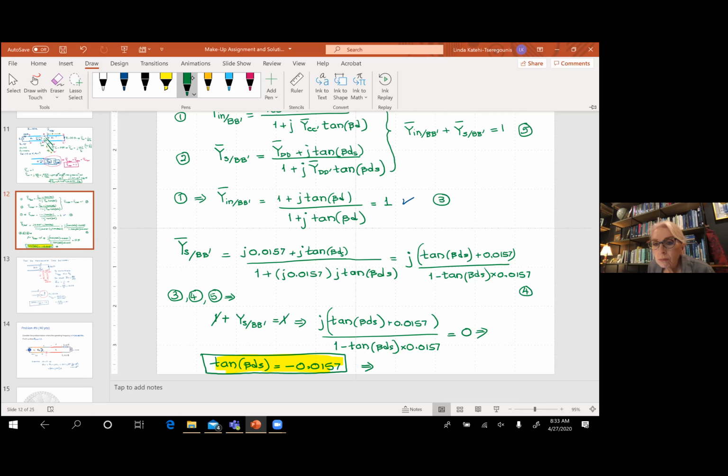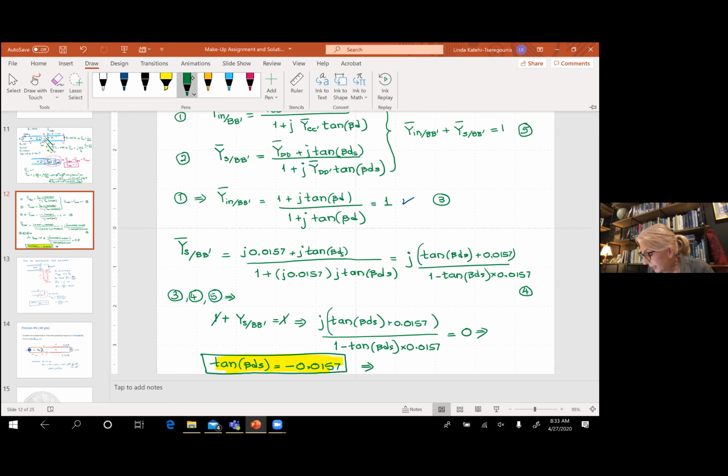So what is it? It has to be a negative value. But you cannot be negative for the length. So what is it that we have to do?